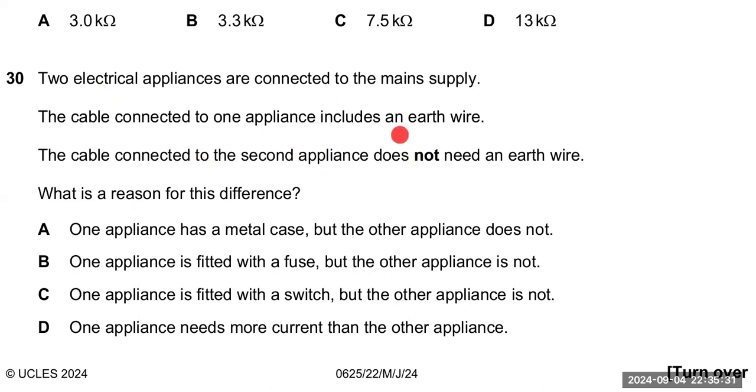Why is it so? Earth wire is mostly used in such electrical appliances whose body is made of a metal case.